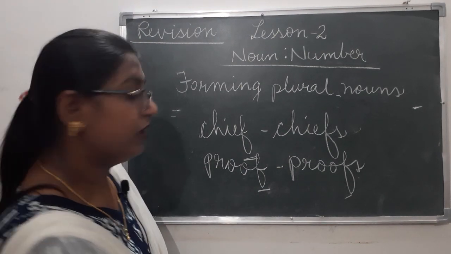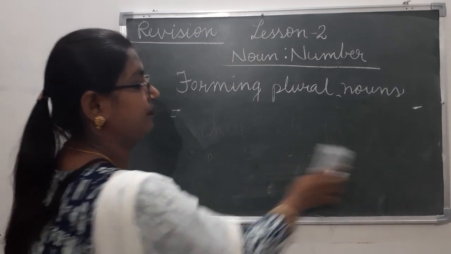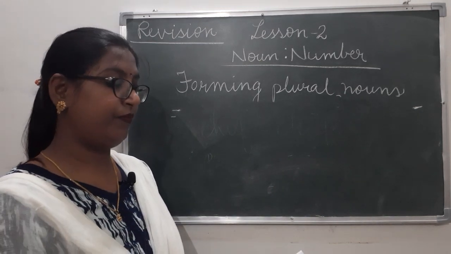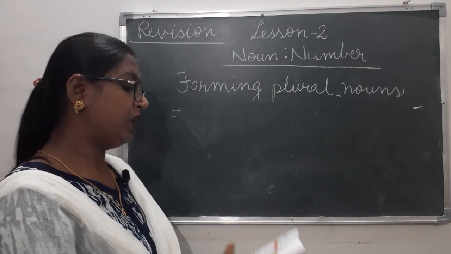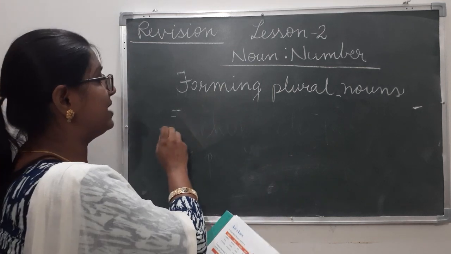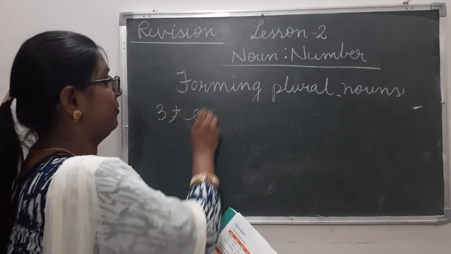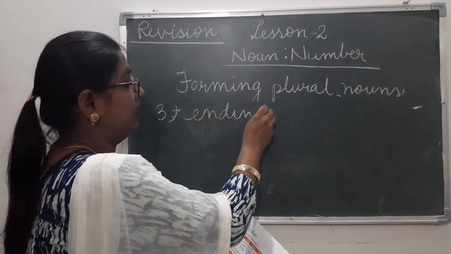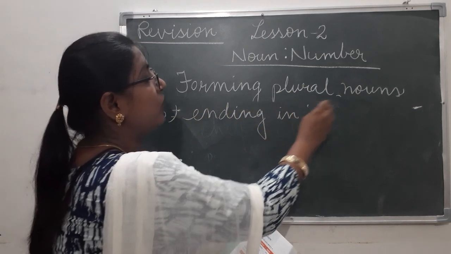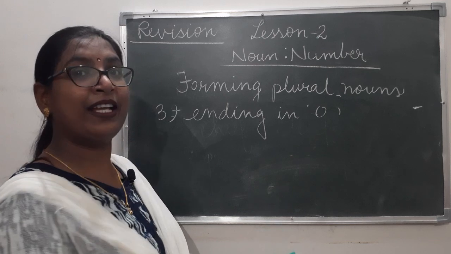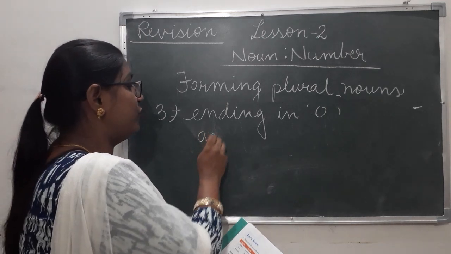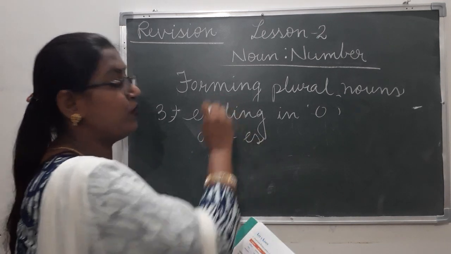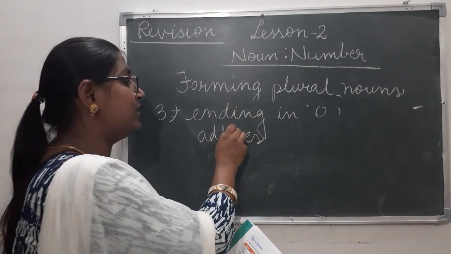Now, the next rule is plural forms of nouns ending in O. When the words are ending in O, we usually add ES with the word to make it plural.